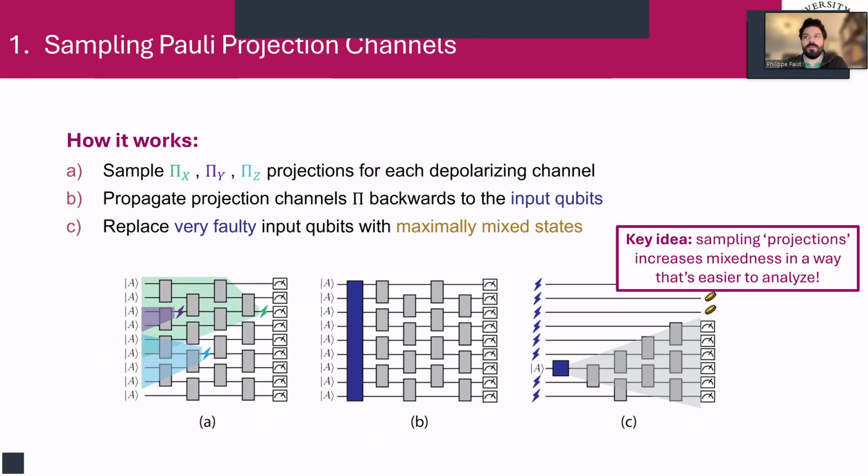I see. Yeah. Sorry, Joel, I have another question about this slide. From step A to step B is just exact analytical rewriting, right? You just commute the Pauli noise channel through the Clifford circuit at the beginning, and you can find in polynomial time another description.